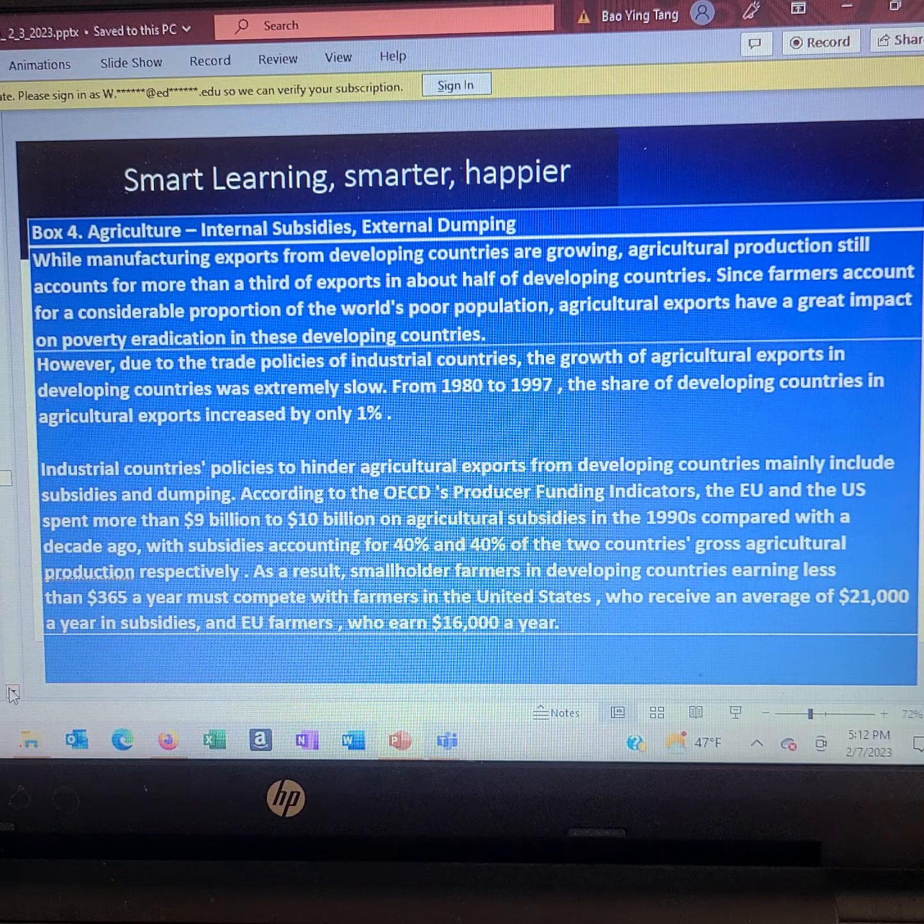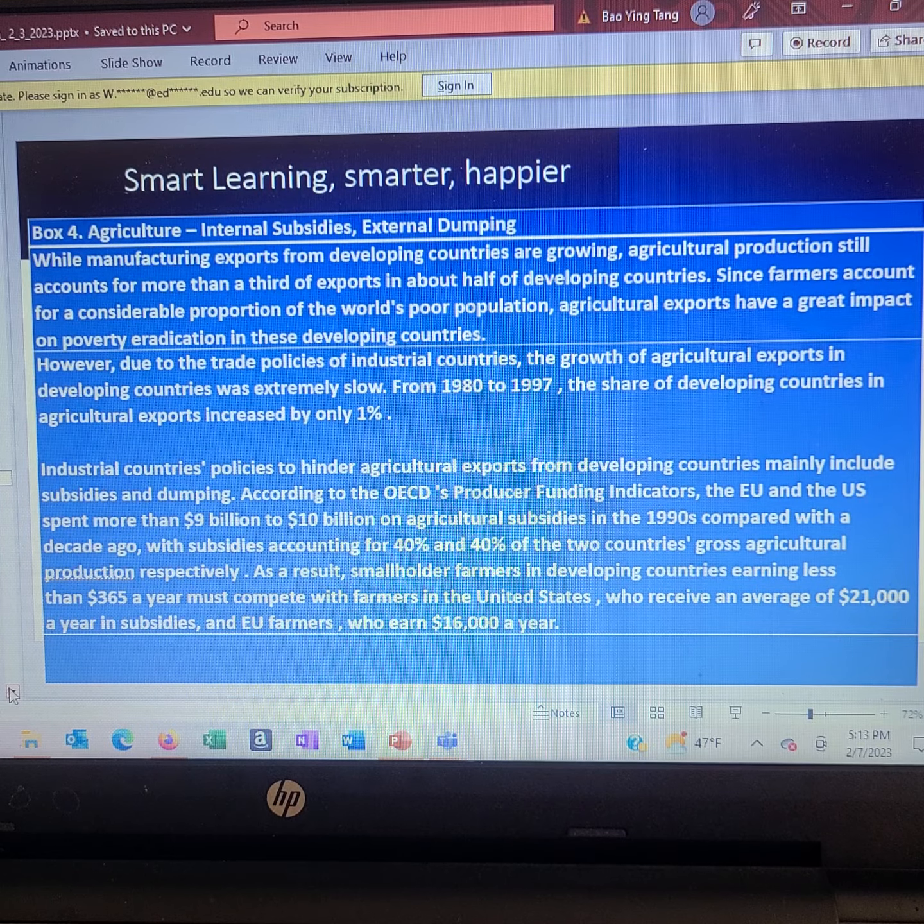According to the OECD's producer funding indicators, the EU and the US spent more than $9 billion to $10 billion on agricultural subsidies in the 1990s, compared with a decade ago, with subsidies accounting for 40% and 40% of the two countries' gross agricultural production, respectively.